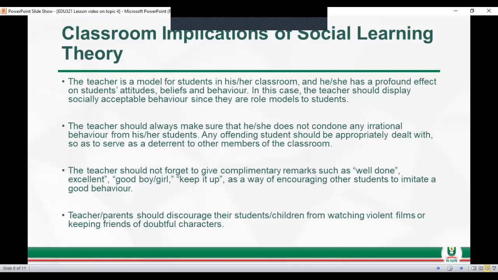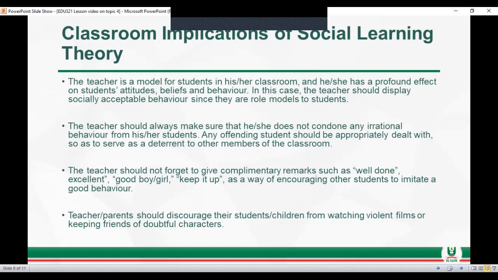So to avoid that, you have to make sure you appropriately deal with such students by using positive strategies of dealing with behaviors or modifying behaviors.